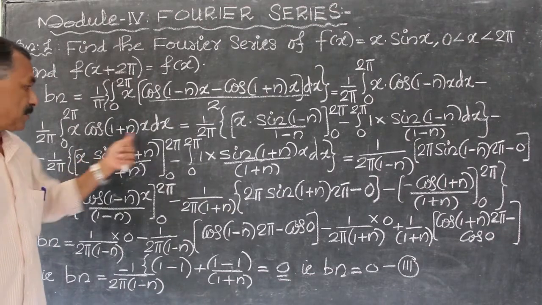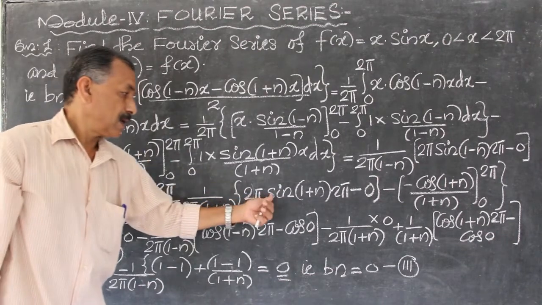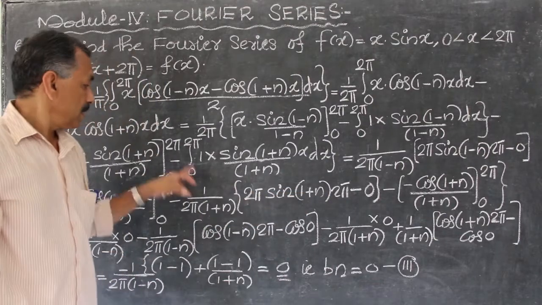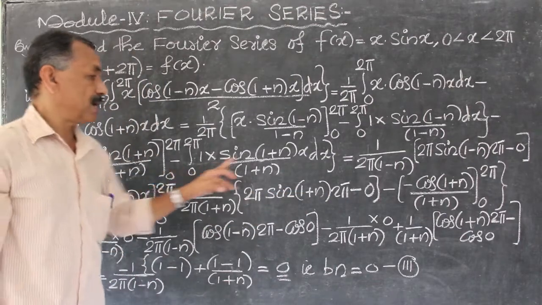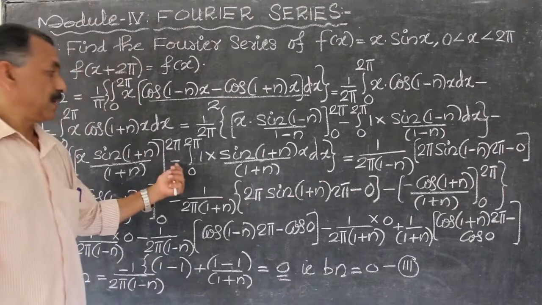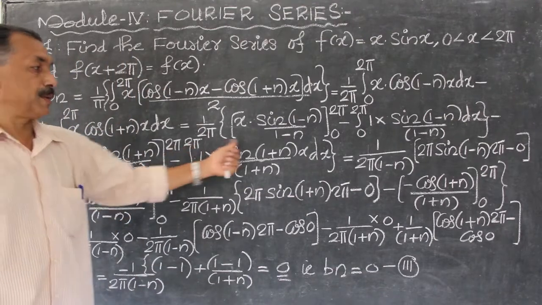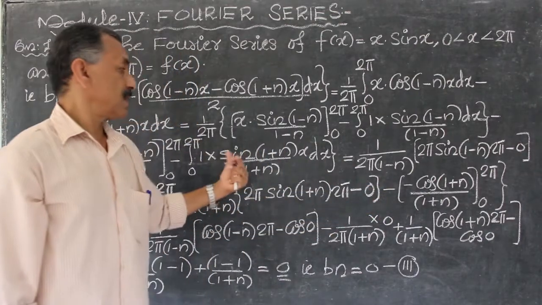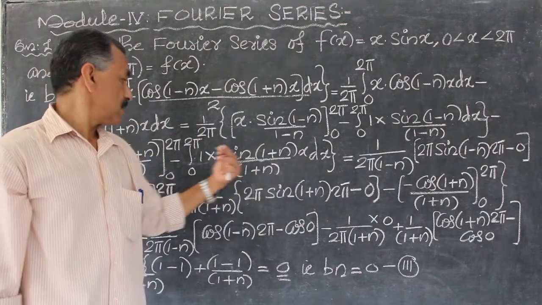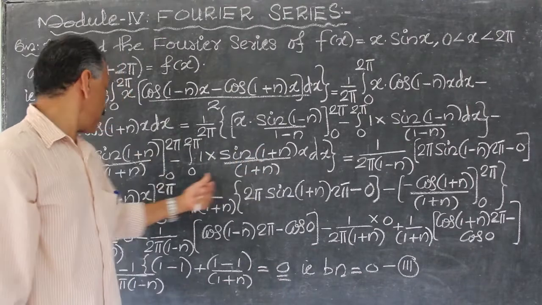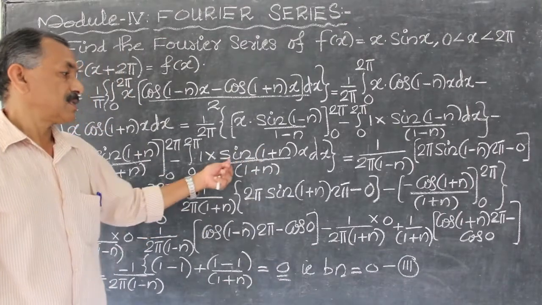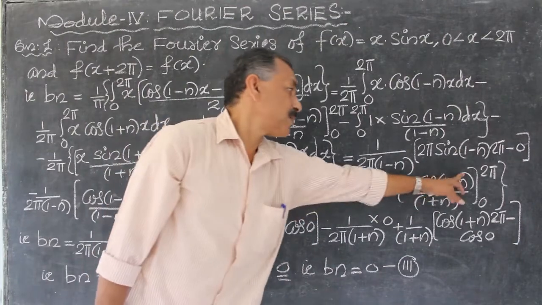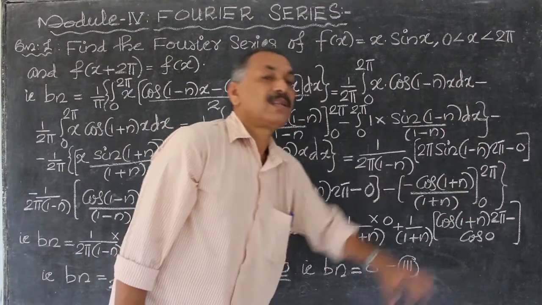Upper limit apply 2 pi, sin(1 plus n) into 2 pi, but lower limit apply x 0, 0. Minus integral 0 to 2 pi, that is minus integral sin(1 plus n)x divided by (1 plus n) outside, sin(1 plus n), integral minus cos(1 plus n)x divided by (1 plus n) between the limits 0 to 2 pi.